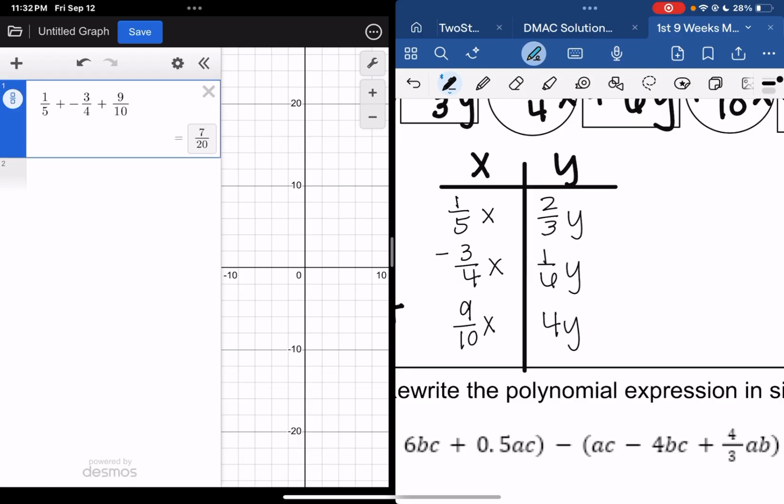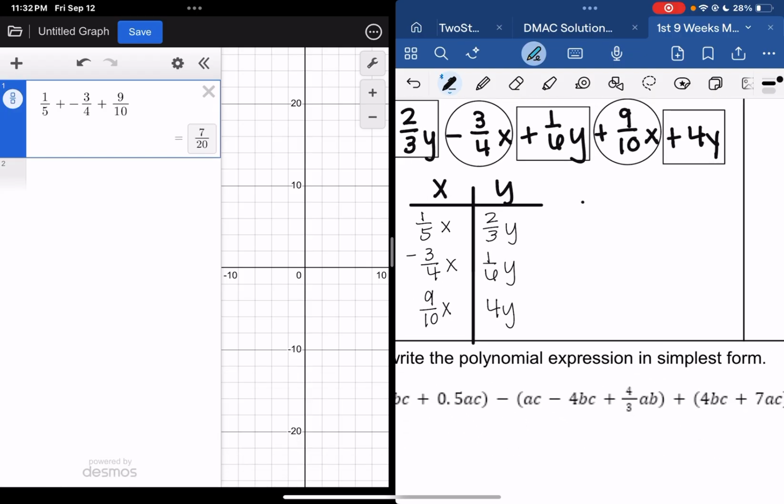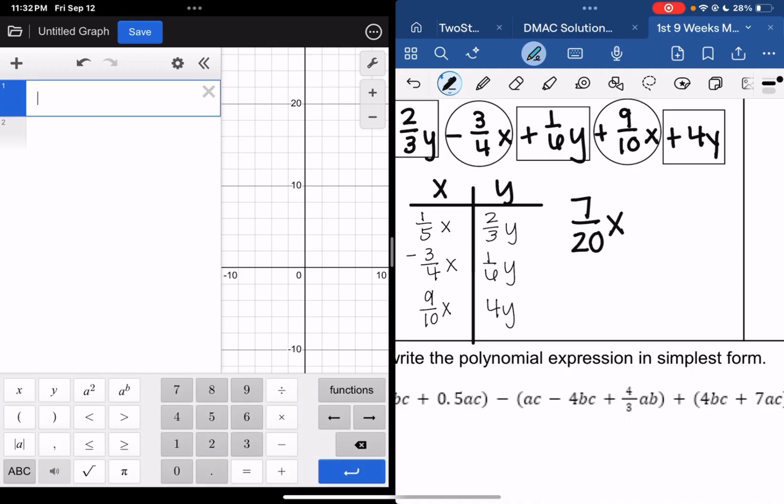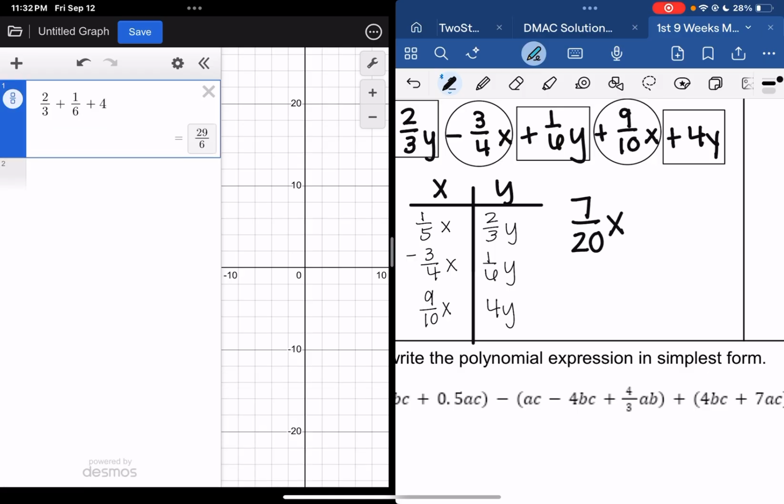So that is 7 over 20. So I have 7 over 20 x's, but then I have 2 divided by 3 plus 1 divided by 6, and then plus 4. So then 29 over 6 y's. And that's your answer.